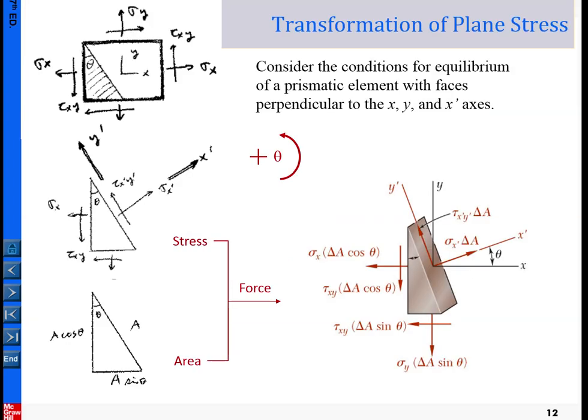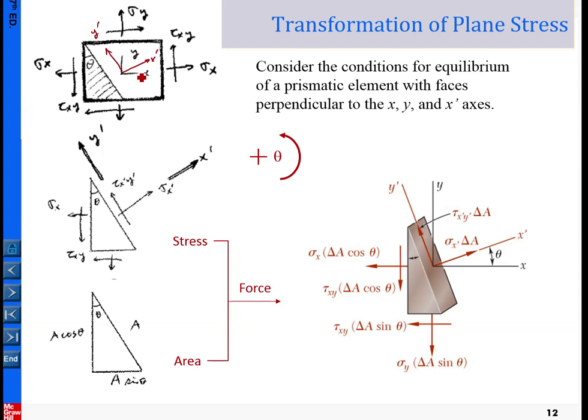So now we talk about the technique for the transformation of plane stress, which is very easy, and that is based upon the equilibrium equation, static equilibrium. So for example, say you would like to determine the transformation in terms of x prime, y prime.